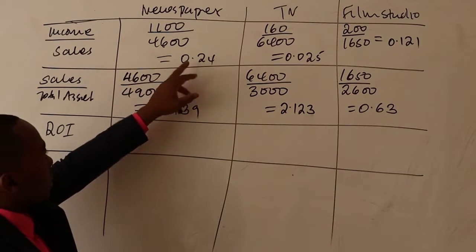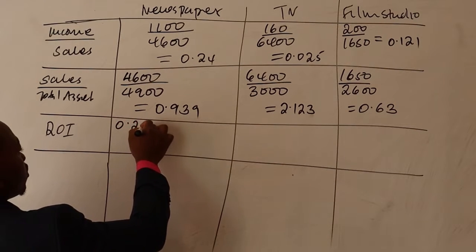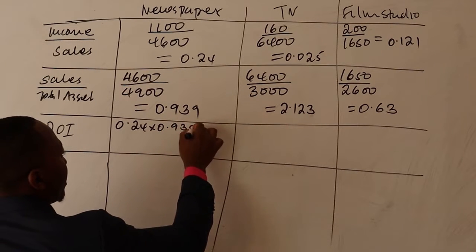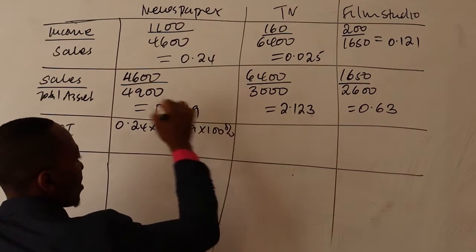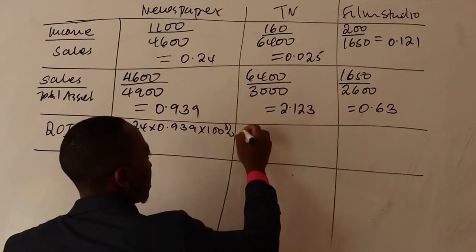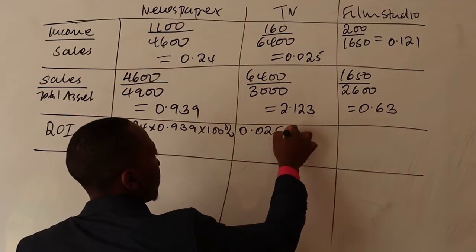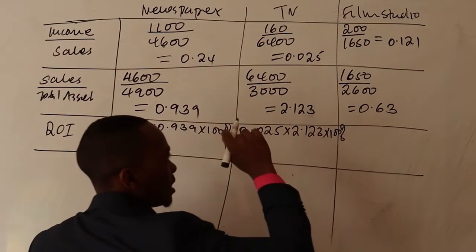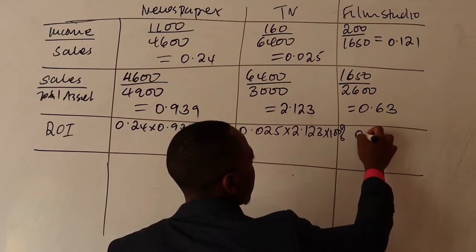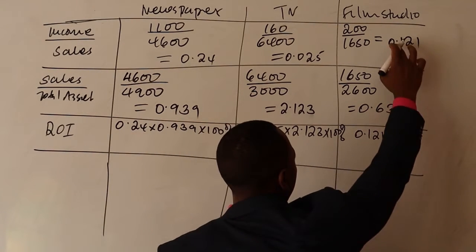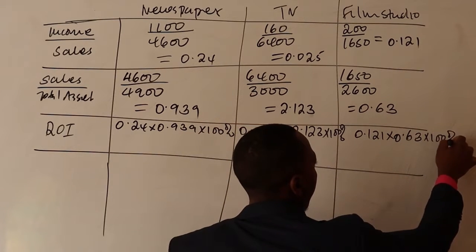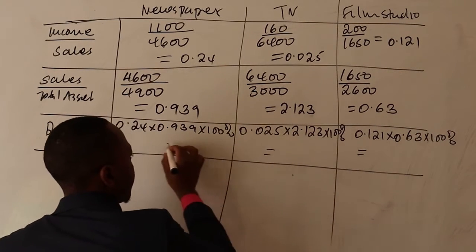So for example, for the newspaper, you take 0.24, multiply by 0.939, and multiply by 100%. Here you take 0.025, multiply by 2.123 times 100%. And lastly, you take 0.121, multiply by 0.63, and multiply by 100%.